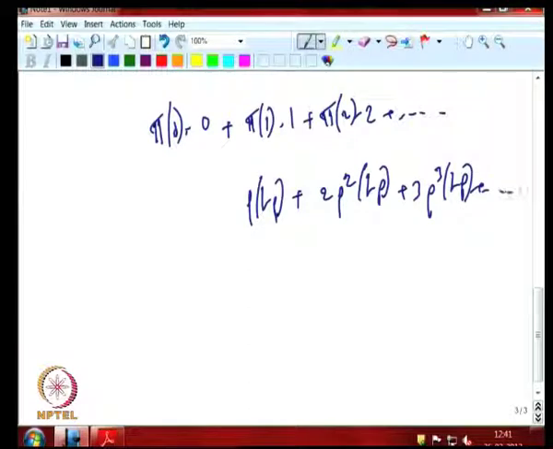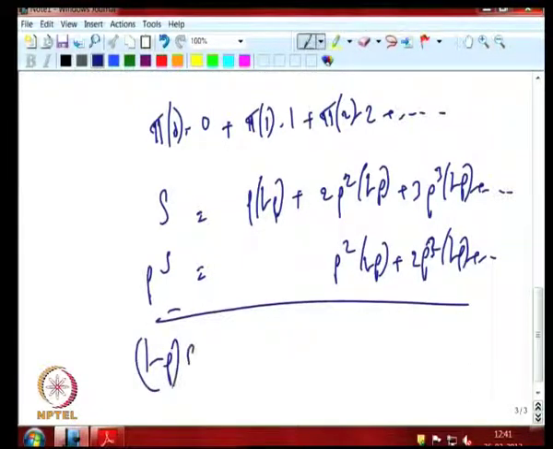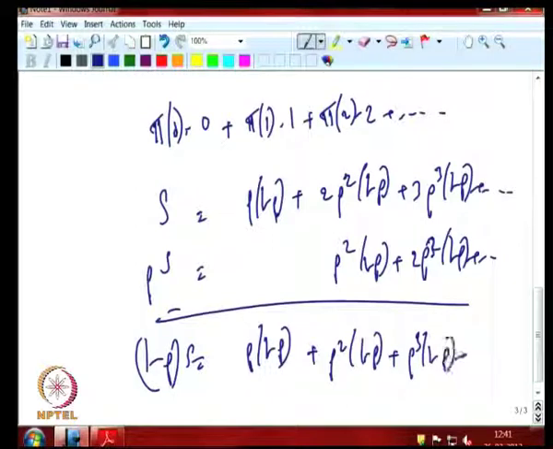And if you calculate this, this is S. So again, if you multiply by rho, it is rho square 1 minus rho plus 2 rho cube 1 minus rho, etc. Subtracting, 1 minus rho times S is equal to rho 1 minus rho plus rho square 1 minus rho plus rho cube 1 minus rho, etc., okay.